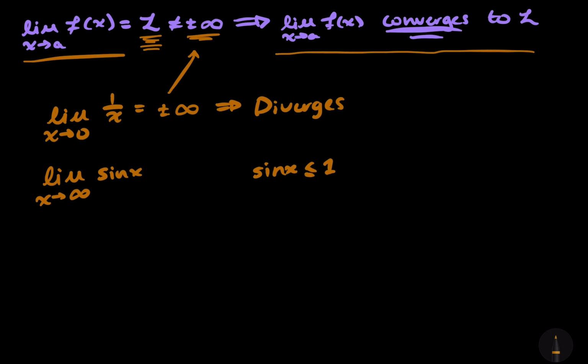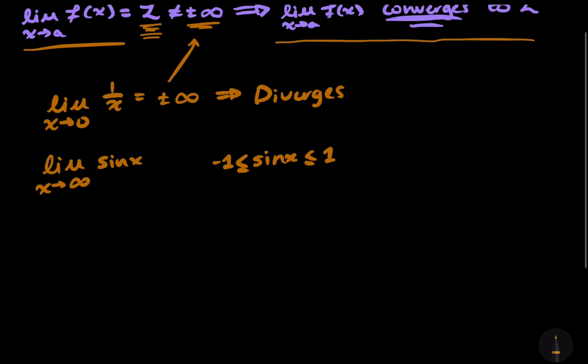So we know this limit as x approaches infinity has to be between negative 1 and 1. But we don't necessarily know whether it's going to be equal to 1, or negative 1, or one of the values in between. Maybe it could be 0. We don't know because infinity is a very abstract concept. You can't plug in sine of infinity. But theoretically, if you could, you would get something within this range.